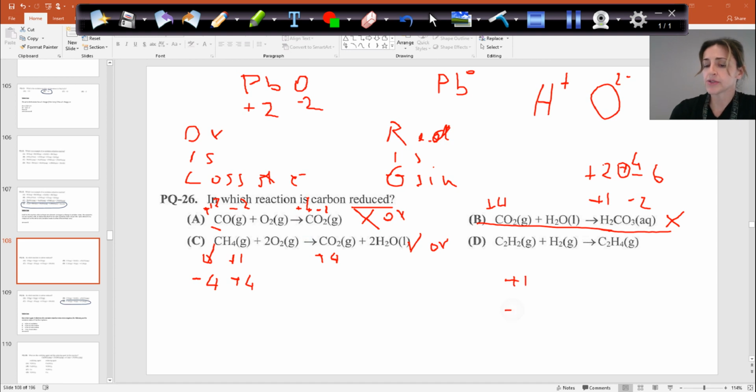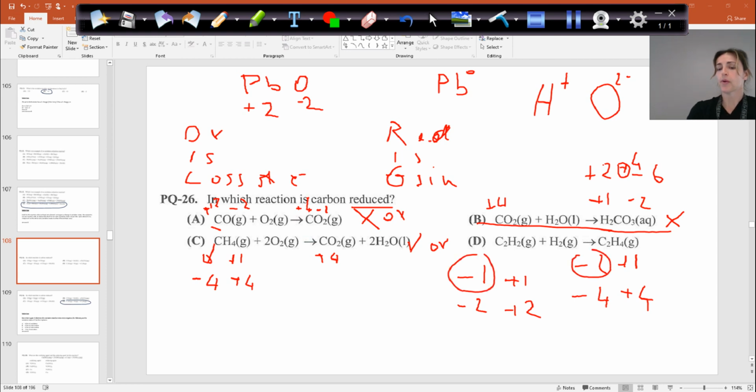And I have 2 of them, so it's plus 2, which means the 2 carbons have to be minus 2. And I have 2 of them, so each carbon is what? Minus 1. And then in here, what do we have? Plus 1 for the hydrogens. And we have 4 of them, so it's plus 4, which means the 2 carbons have to account for minus 4, which means each carbon has to be minus 2.